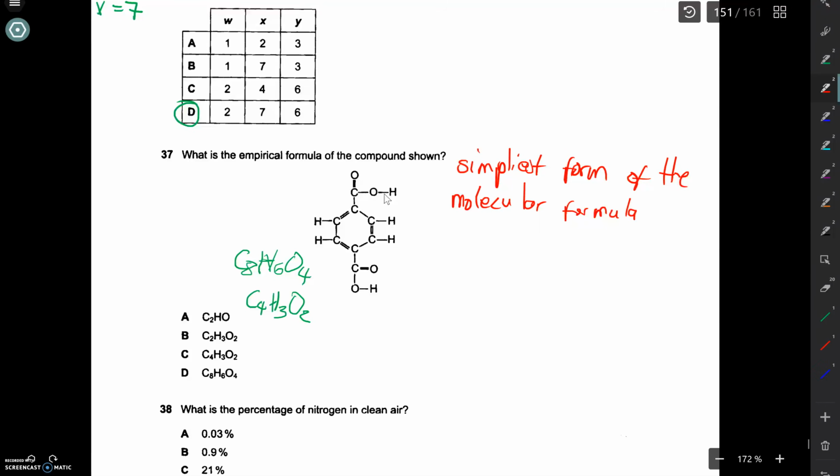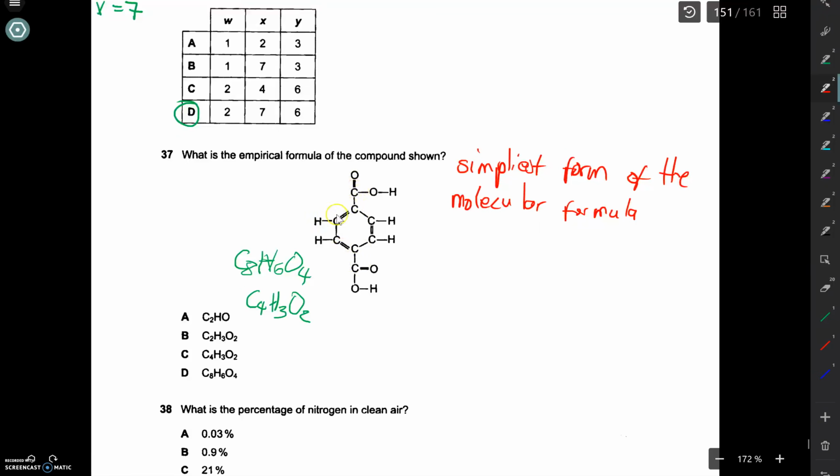So to find the molecular formula of the compound, we have to find the number of carbon, oxygen, and hydrogen atoms. Let's start by counting the number of carbon atoms.